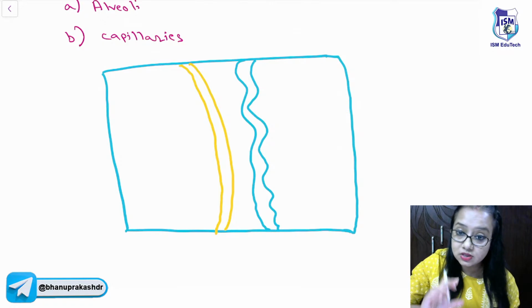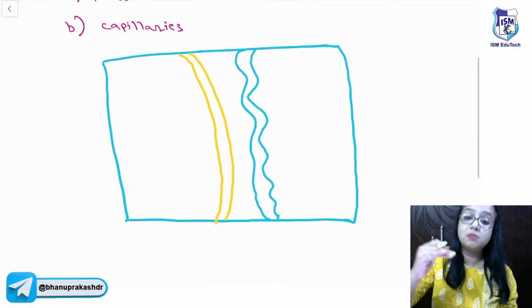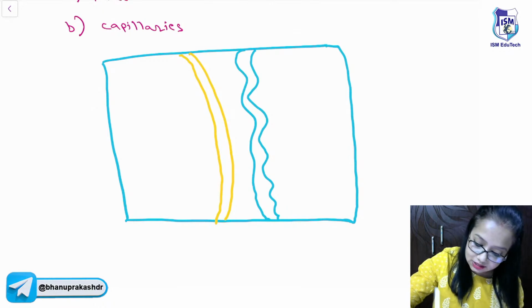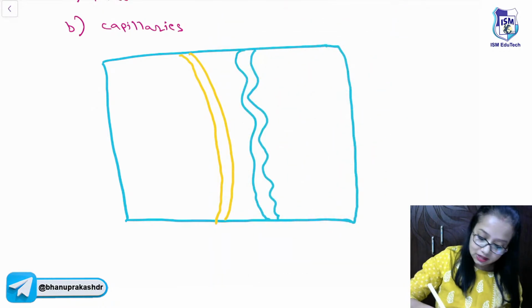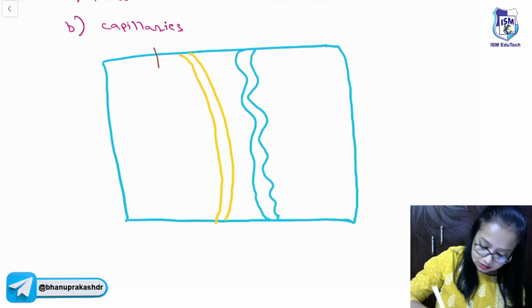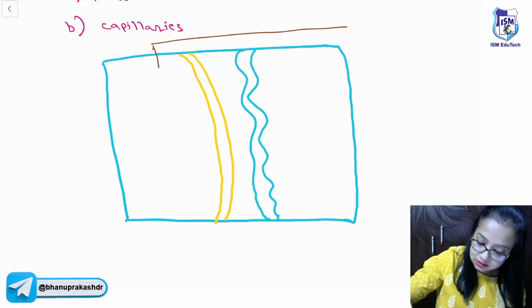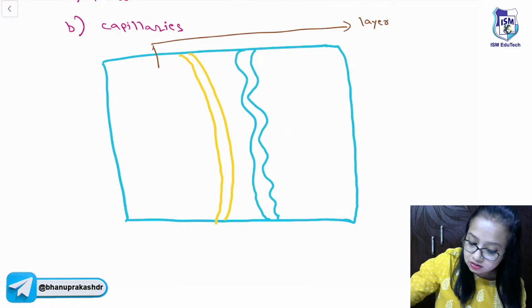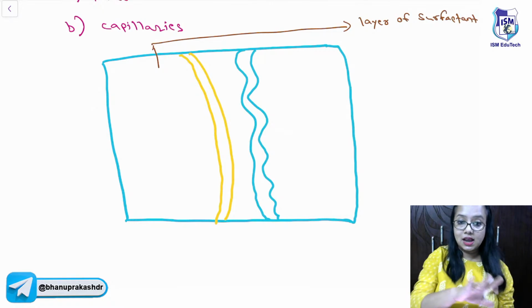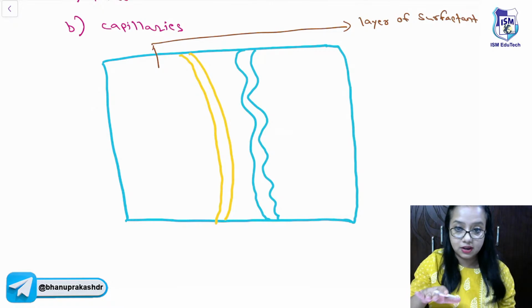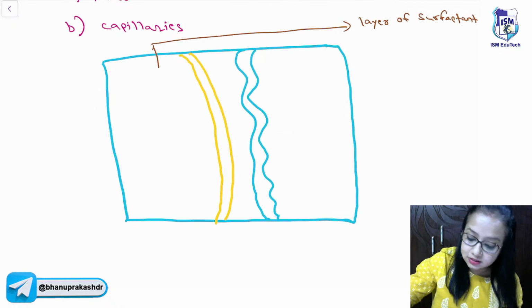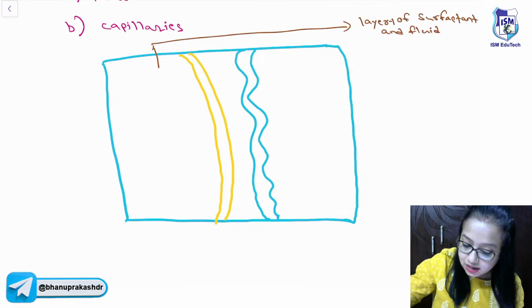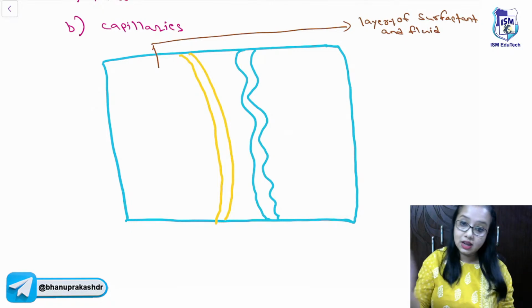The layers in the respiratory membrane are multiple. The first structure involved is a layer of surfactant. We know in the alveoli there is a coating of surfactant, and it also has a coating of fluid. So this is our layer 1, which is on the alveoli side.